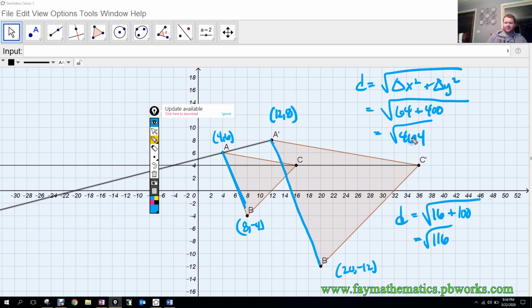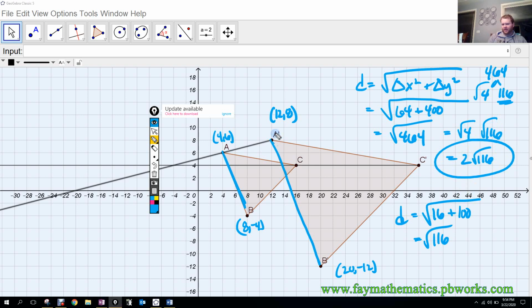Now you don't see these two being the same, okay? But let's do this real quick. 464 divided by 4 gives me 116. Now, I know 116 is not simplified here or there, but I can say that root 464 is root 4 times root 116. So that's 2 root 116.